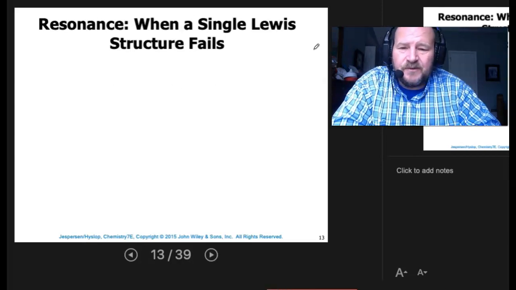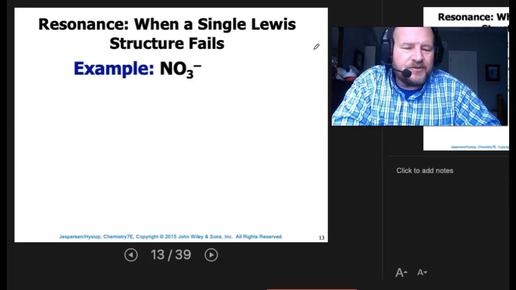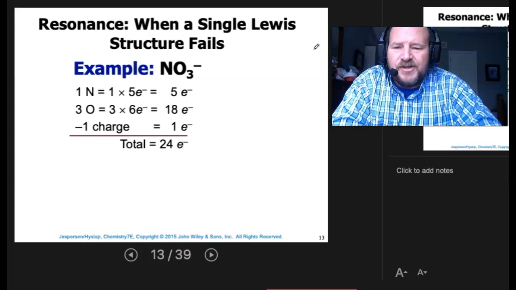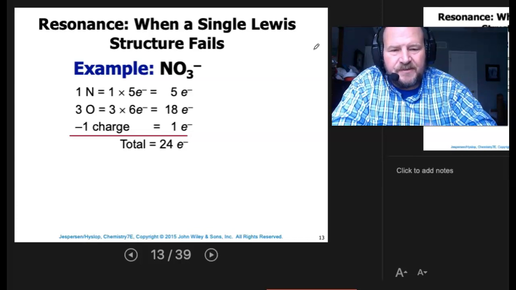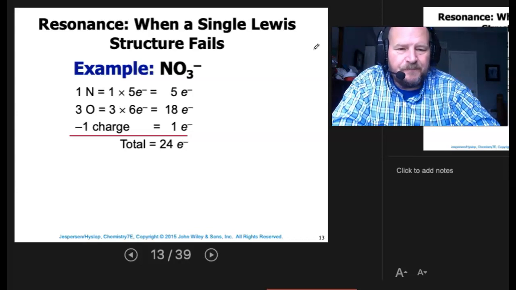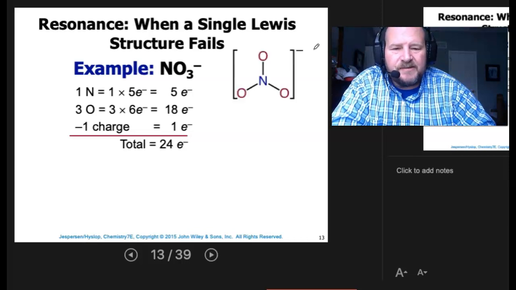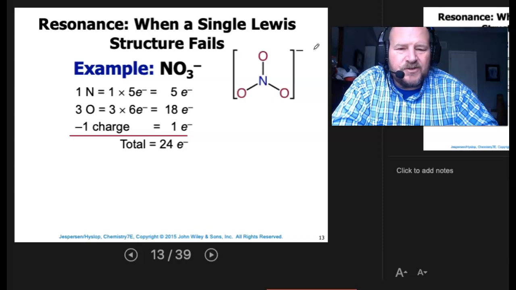When a single Lewis structure fails, here we go, we have NO3 with a minus charge. Nitrogen gives us 5 electrons. Oxygen, there's 3 of them, we have 6 electrons each. Now because it's a charged species, -1, we're going to add that 1 electron in. So we actually have a total of 24 electrons. We'll draw single bonds to all of our atoms, and of course, we put a charge on the outside.